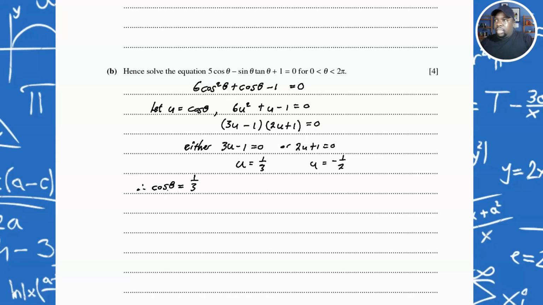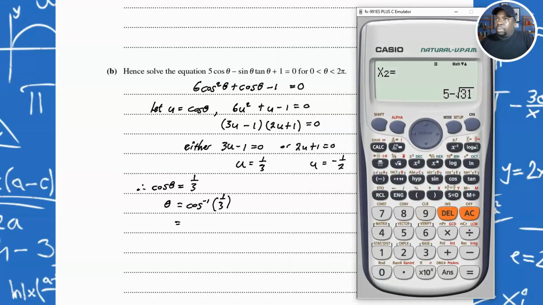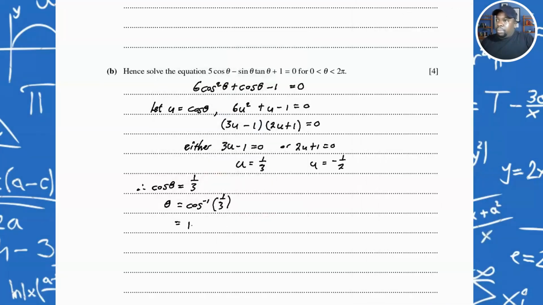Let's try to solve this for theta. So we know that we can get the principal value as arc cos of a third. For arc cos of a third, with our units in radians, we have shift cos of a third, and for this one here, we get in radians 1.231.